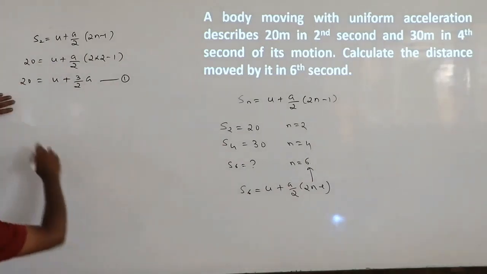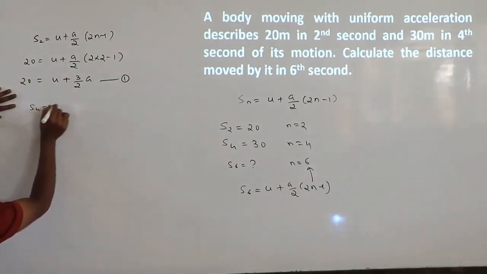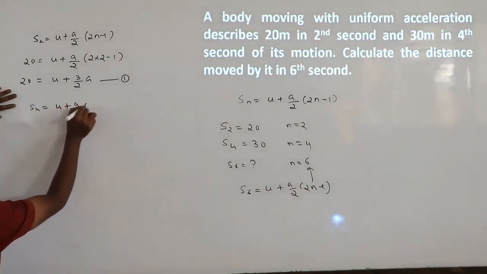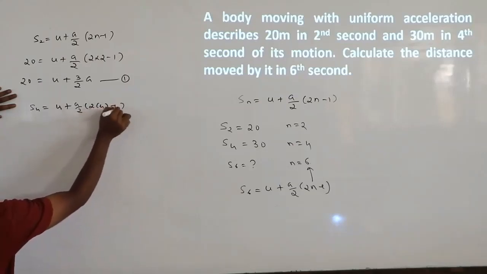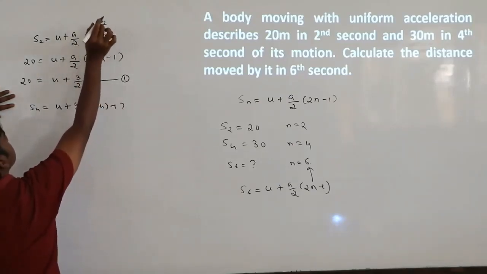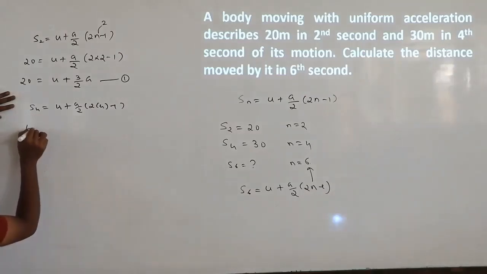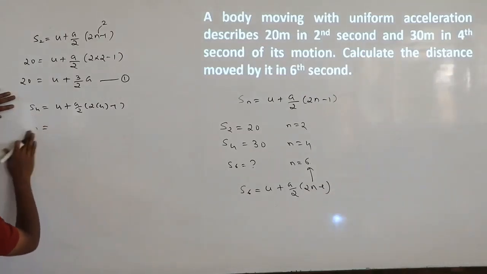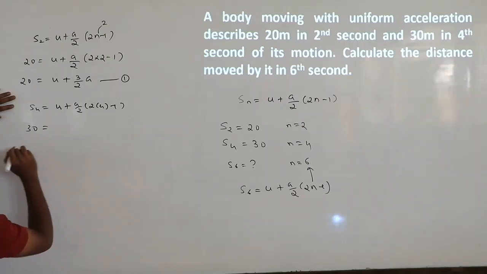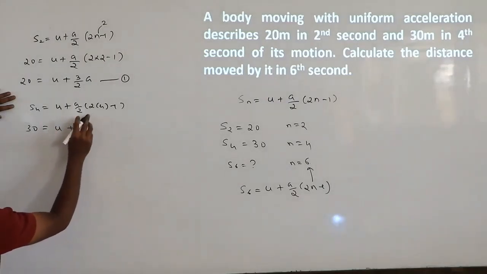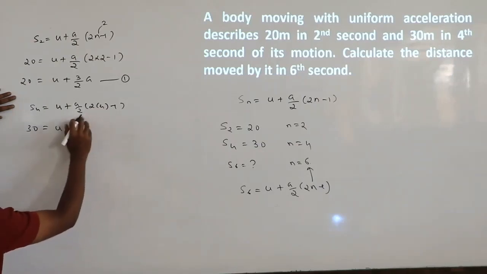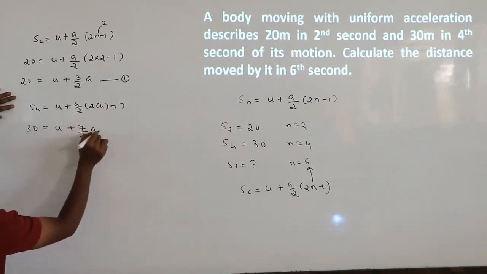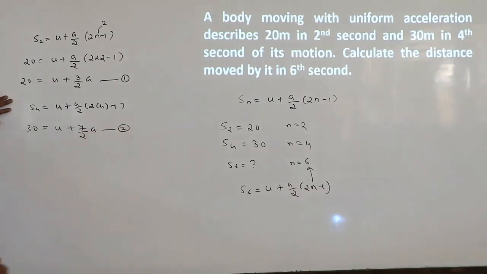Similarly, write for S4: S4 equals U plus A by 2 into 2 times 4 minus 1. S4 is 30, so 30 equals U plus 7 by 2 A. This is equation number 2. Solve these two, and what will you get?